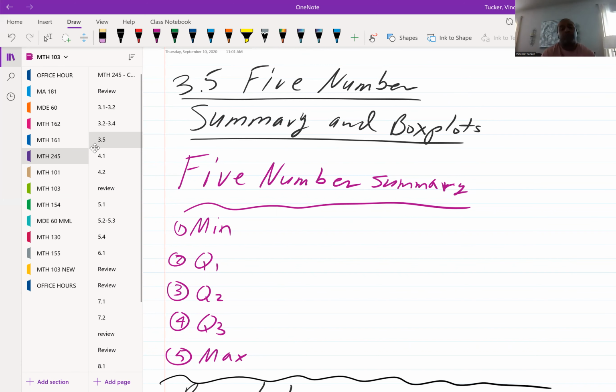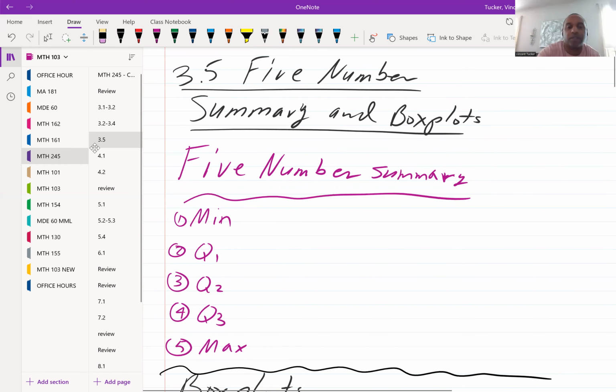Okay, so the 5-number summary is your minimum, Q1, Q2, Q3, and your maximum. Yeah, 5 numbers that summarize your data.